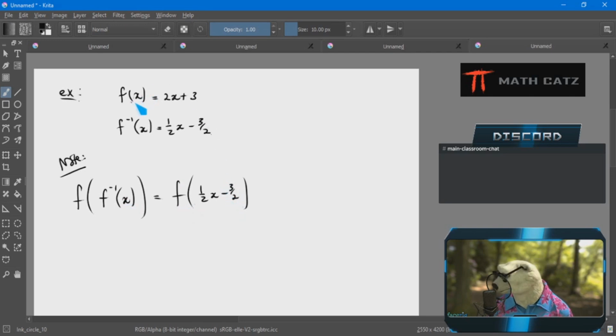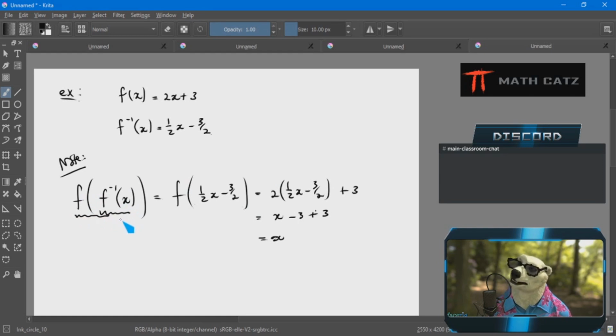What does f do? F takes its input, multiplies it by 2. So let's do that. And then adds 3. So now when I multiply the 2 in, I get x. I get minus 3, and then this plus 3, so I get x. What does that mean? That means that something is being done to the input x, and then when I do the outside function after that, I've done nothing.